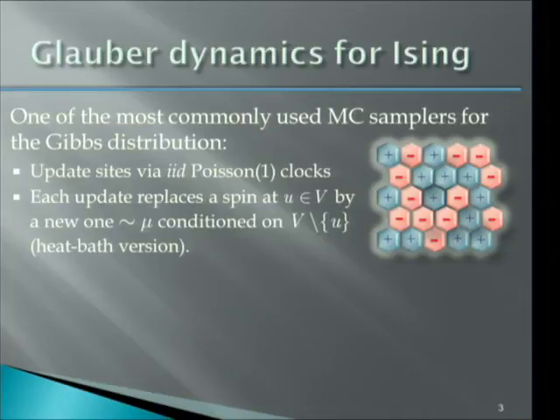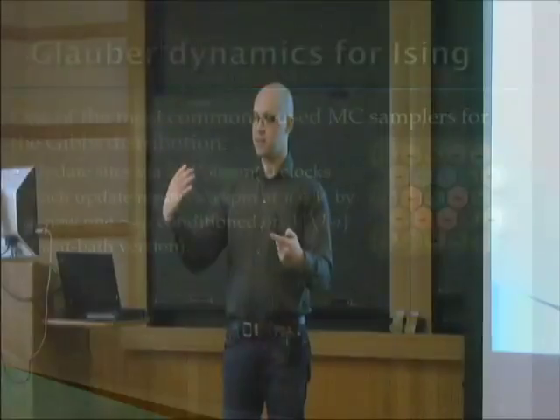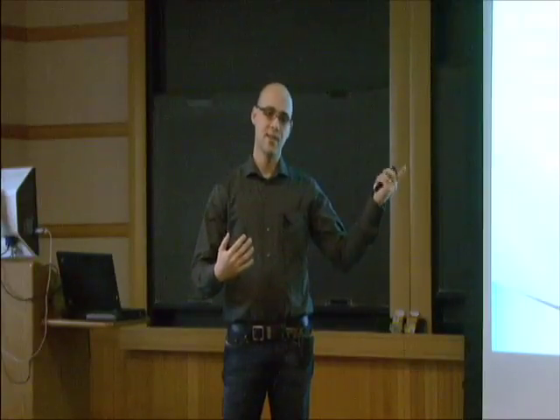So here's a small example. Let's look at the site in the middle. This plus. We want to replace it by either keeping it a plus or writing a minus instead. Recall from the previous slide, the probability of a configuration is proportional to e to the number of aligned bonds.